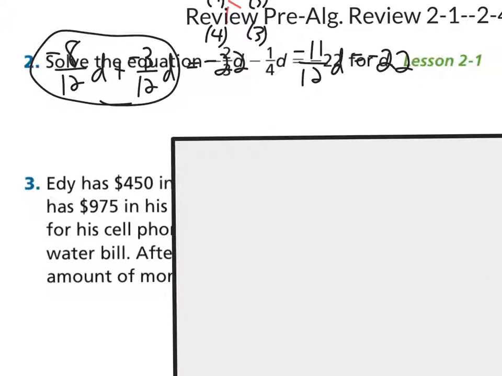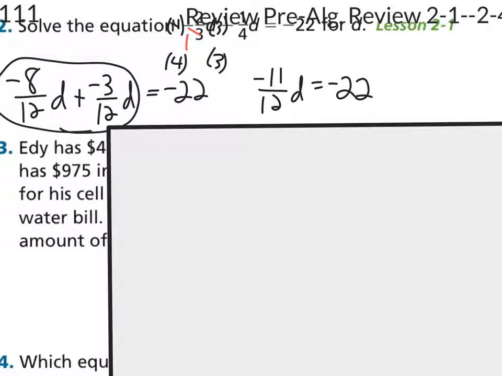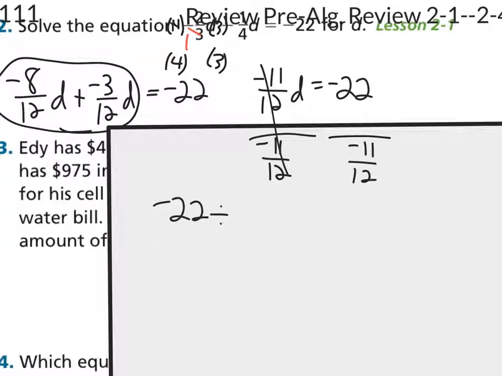At that point, you could say that they are multiplying, so we can divide. So if we divide by negative 11/12 on both sides, negative 22 divided by negative 11/12, so we can put that over 1, keep change reciprocal.